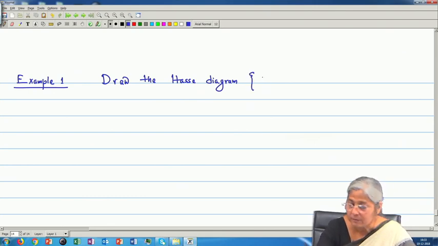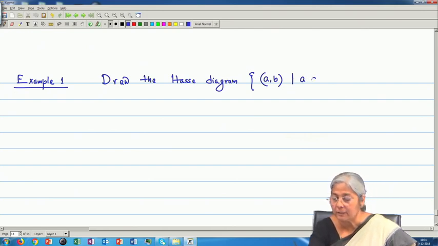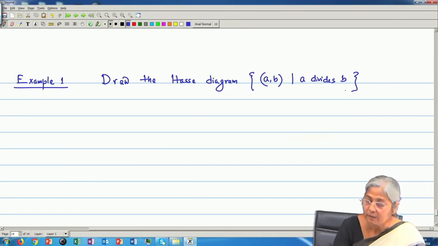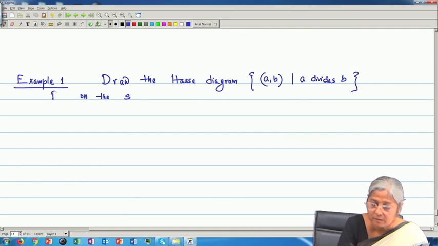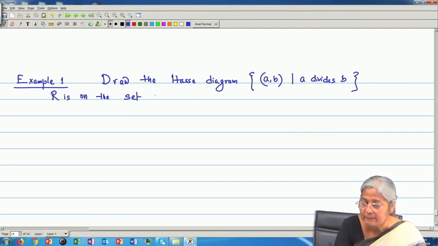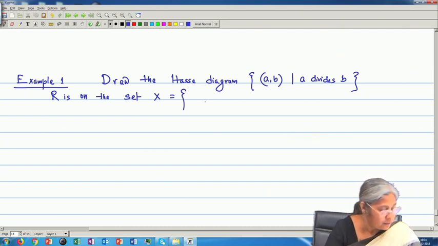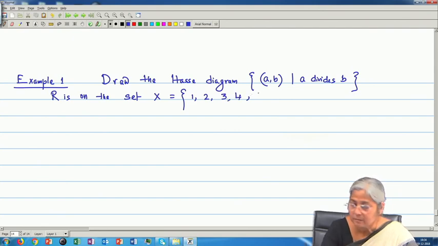I write it in this way: (A, B), and the relation is divisibility, where A divides B. And the relation R is on the set X equal to {1, 2, 3, 4, 6, 8, 12}.